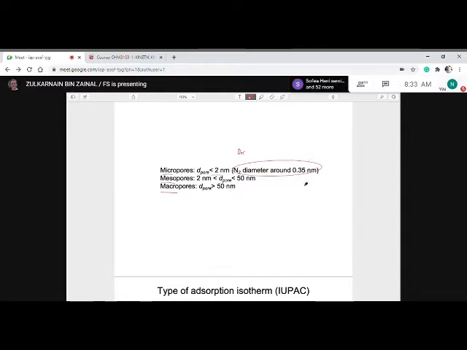If nitrogen is not suitable for the adsorption in your case, you can also use argon for the adsorption process, and you can also get the same classification of the pores. Right? So this classification is given by IUPAC. Okay? Given by IUPAC.